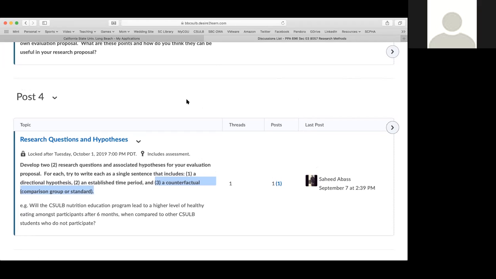It could just be general members of the population compared to similar types of people who are recipients of your program or service, but identify that. So something like this example here, like you just saw, will the Long Beach Nutrition Program lead to higher levels of healthy eating amongst participants after 6 months when compared to CSU LB students who do not participate?